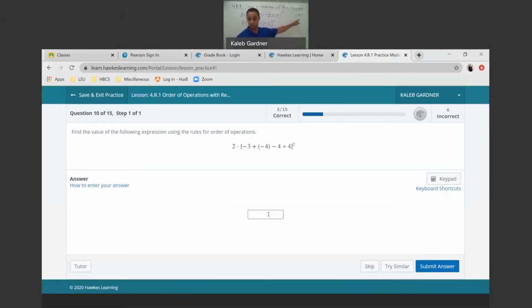And a negative times a negative is a positive, right? So now we have 2 times -8 squared is positive 64. We did our exponent. We can finish it off with this multiplication. 128 is our final answer because 2 times 64 is 128.